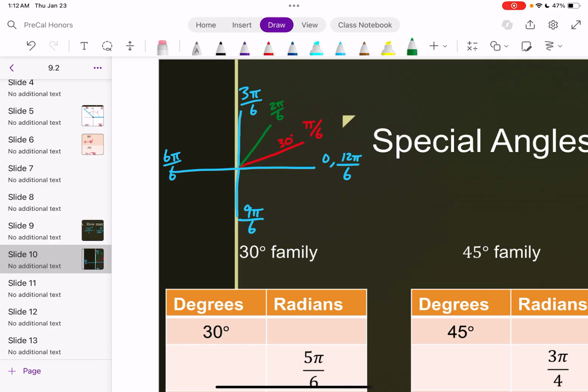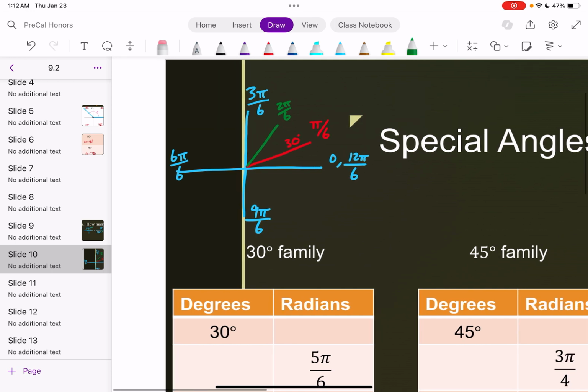Even though this is 60 degrees, we would usually not put that within our 30 family. We would have it as part of our 60 family. And we can continue drawing this as we go around our unit circle.